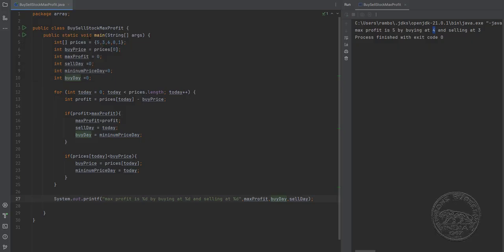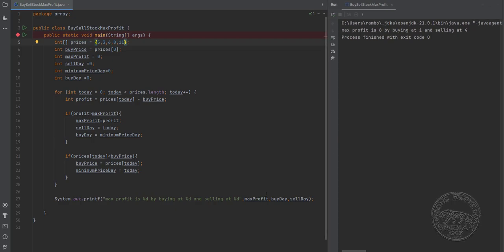So if we run this, now we are buying at 1 and selling at 3. Let's run the first case, and here we are making an 8 profit, buying at 1 and selling at 4. So this seems to be the correct answer. Thanks for watching.